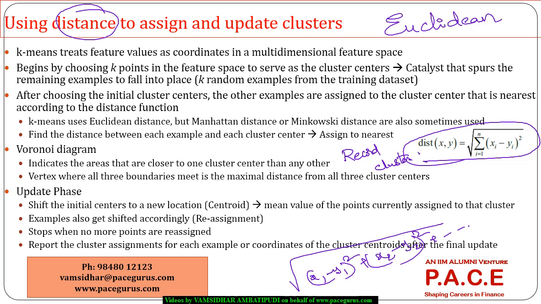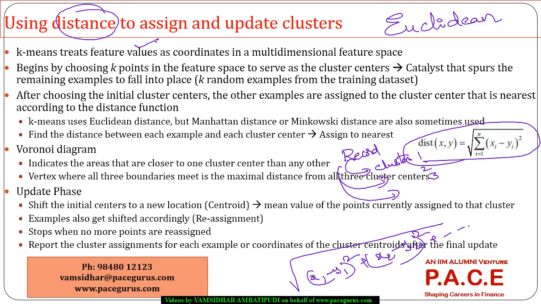So for all the clusters 1, 2, 3, the Euclidean distance with respect to each of these cluster centers is typically computed, and wherever the distance is the least possible distance, the allotment of that particular example goes into that particular cluster. So k-means treats feature values as the coordinates in a multi-dimensional feature space.